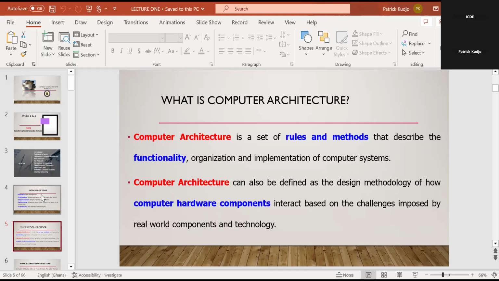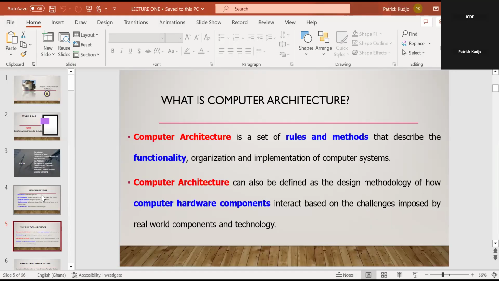Of rules and methods that describe the functionality. Rules, protocols, methods that describe the functionality. What are the functionalities of the computer system? Based on the definition that I provided earlier, you and I can simply identify four main functionalities.